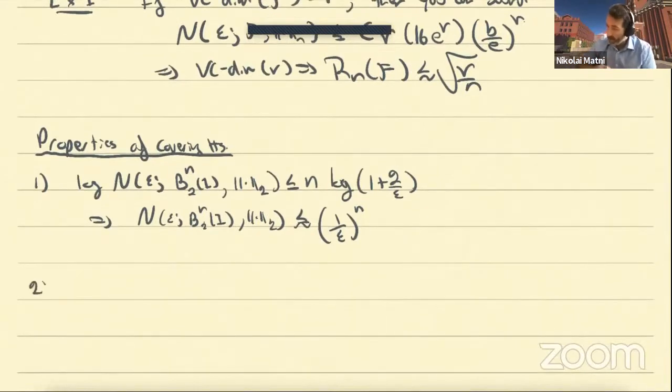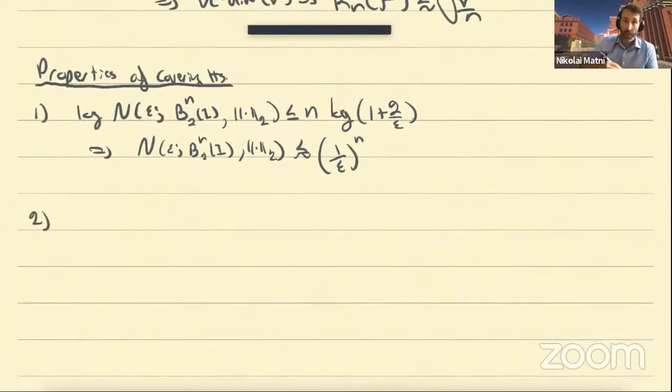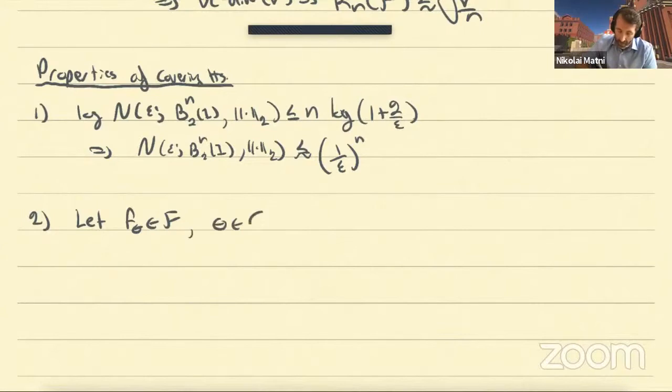Here's another interesting property that's maybe a little bit less obvious, and we're going to need to rely on it. We need to understand what happens when I have a covering number in one space, and then I map that space to another space via a Lipschitz map. So we're going to let f_theta live in F, and then theta itself lives in its own Theta space.